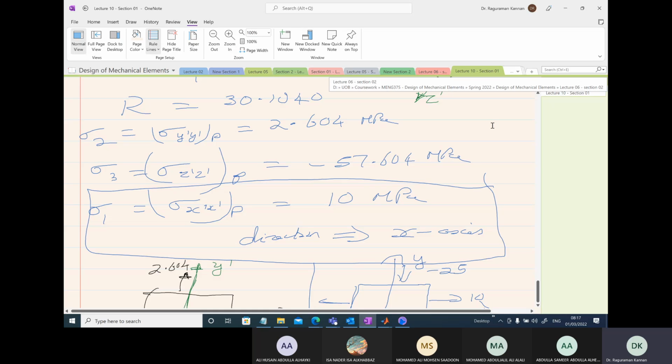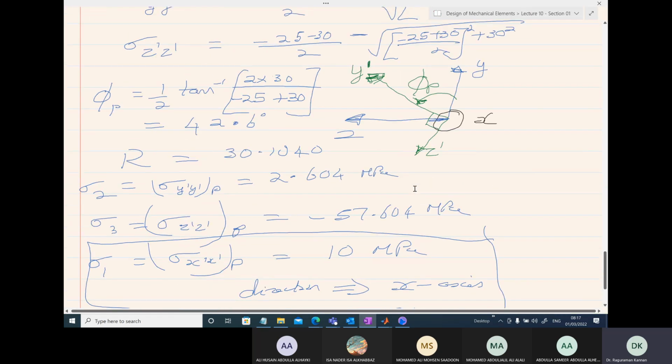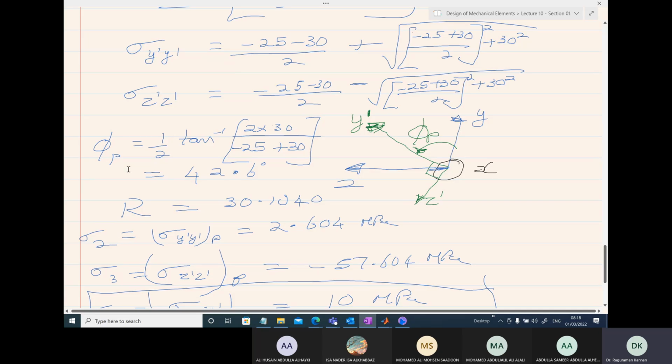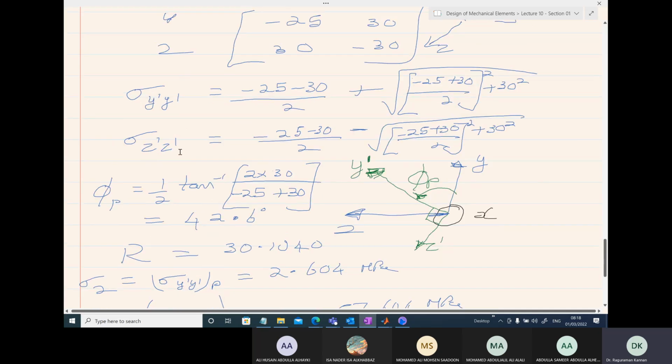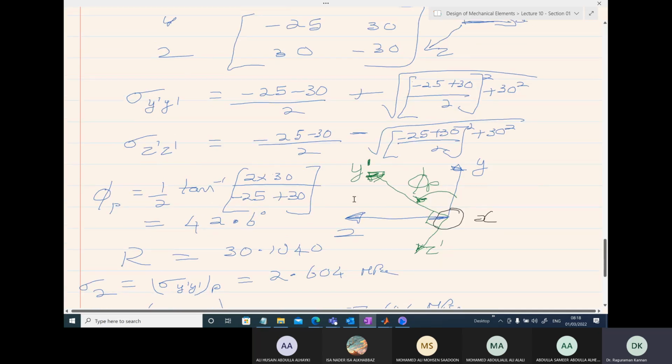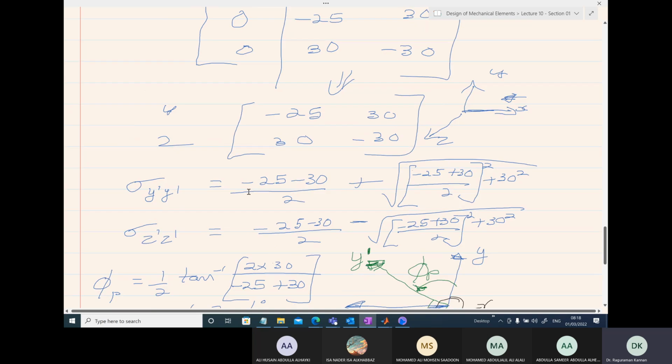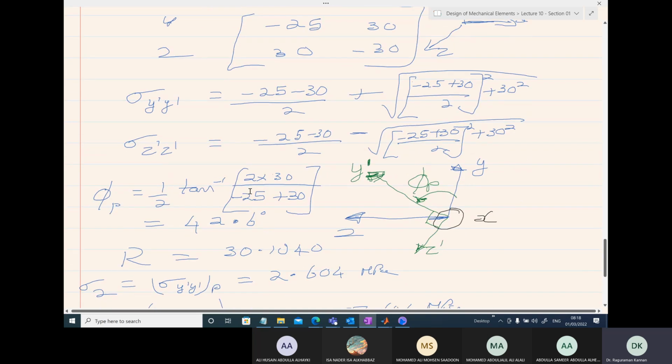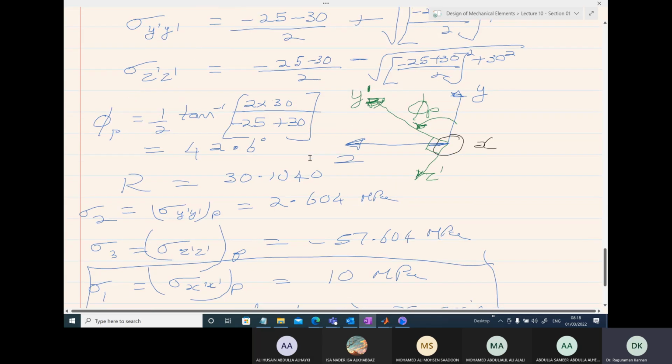Okay, it's getting stuck. Okay, so again we can see here the principal direction with respect to the y-axis. We get 42.6 degrees. Is this right? We can check. The y prime direction should be the quantity here with the plus sign.